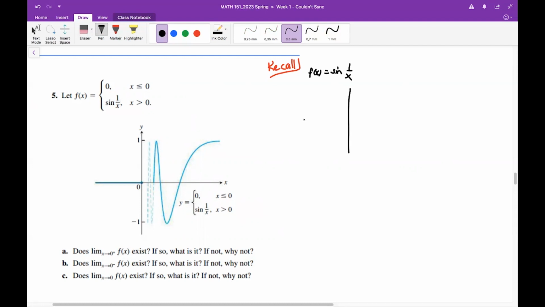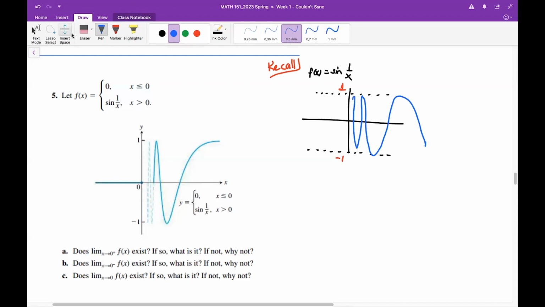Obviously, since it's a sine function, it will take values between +1 and -1. But its behavior is a bit strange. It oscillates, but the oscillations get more frequent as you approach the origin, and around the origin it behaves like crazy.